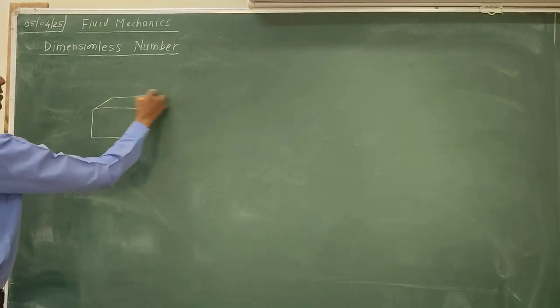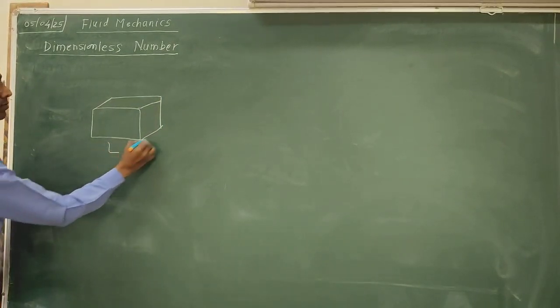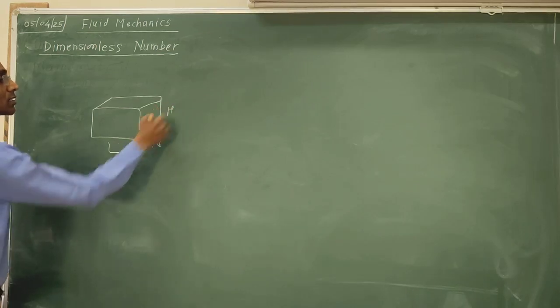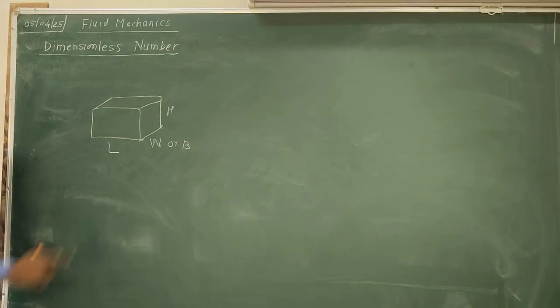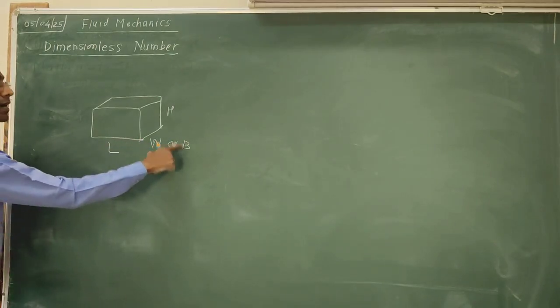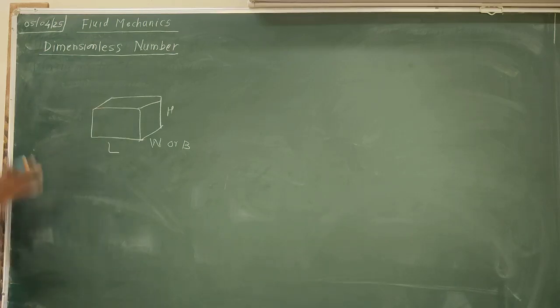This is an object of regular size. This is the length, this is the width, height. Width can also be expressed by another letter, breadth. So length, width, breadth, height, if the object is of rectangular, block shape.